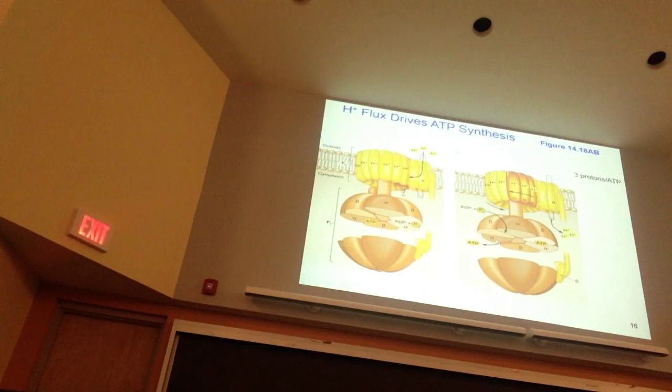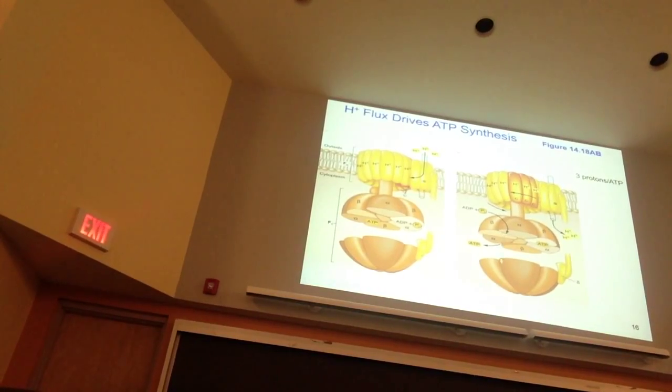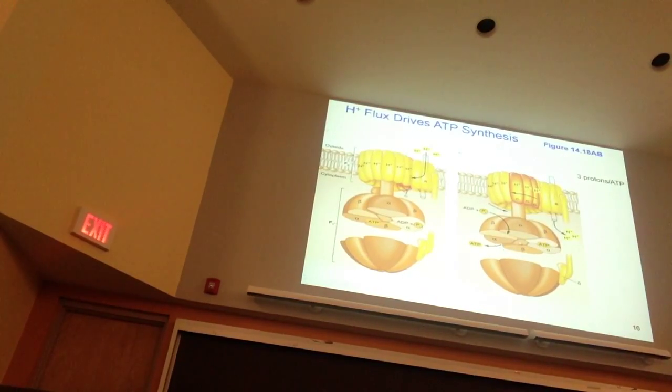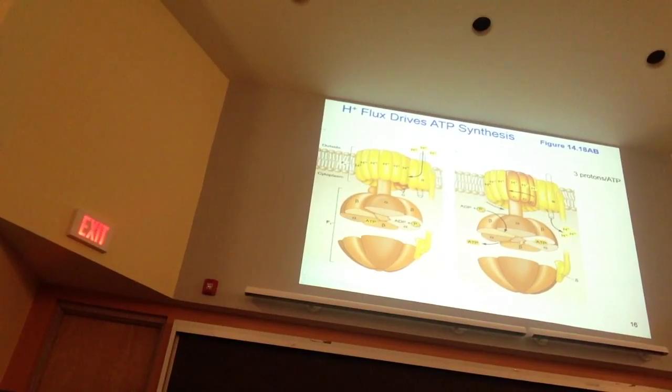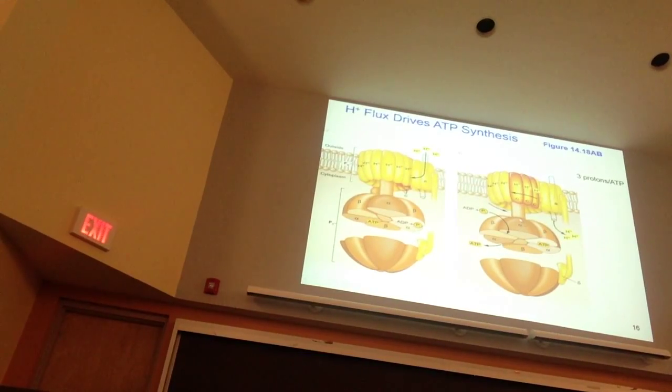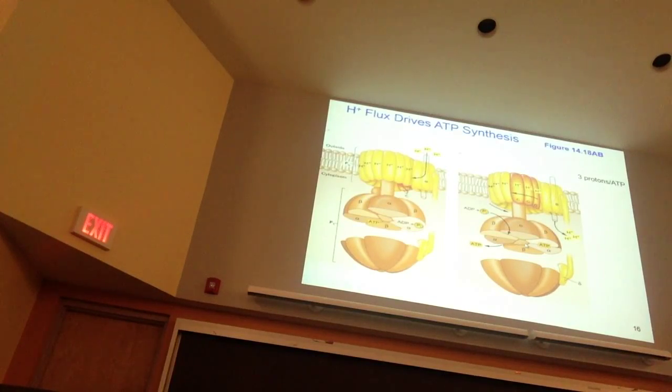Now, the only thing I want to point out here is that this is not a perfectly round axle. It's not a perfectly round shaft. It is what we would call in mechanics a camshaft.